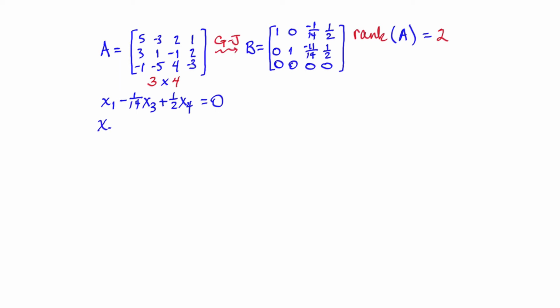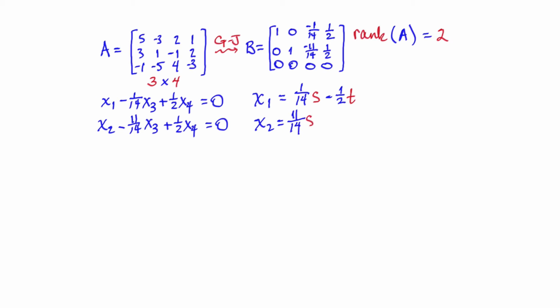The second equation is x2 minus 11/14 x3 plus 1/2 x4 equals 0. And now looking at those two equations, we see that we have two free variables, x3 and x4, and we can replace those with parameters s and t and solve these two equations for x1 and x2. So x1 is 1/14 s minus 1/2 t. x2 is 11/14 s minus 1/2 t.